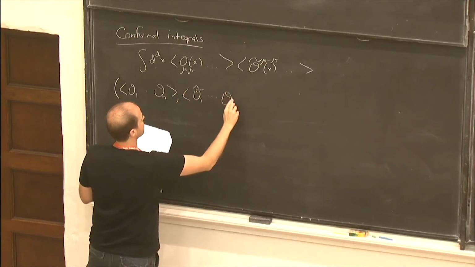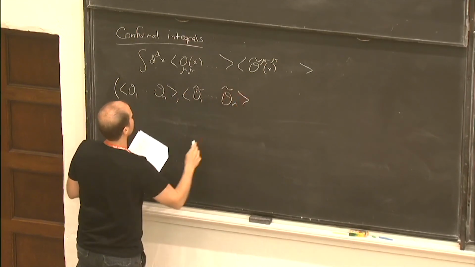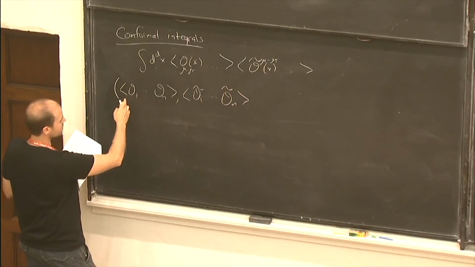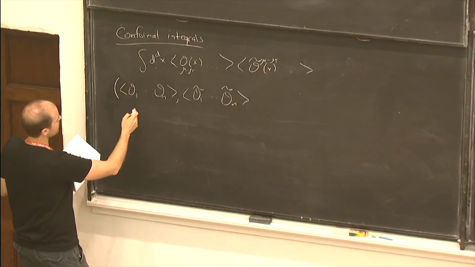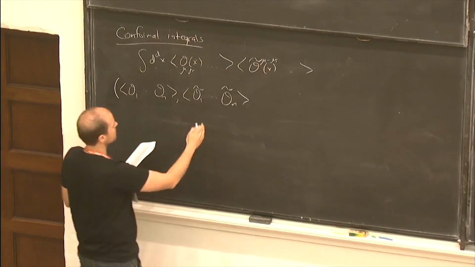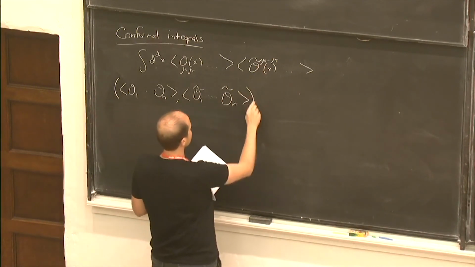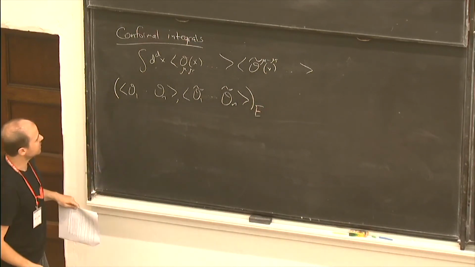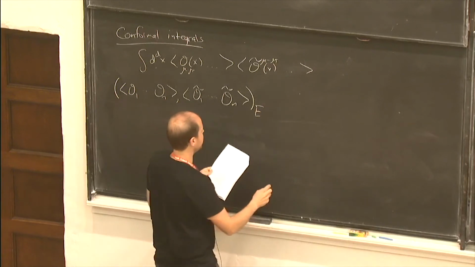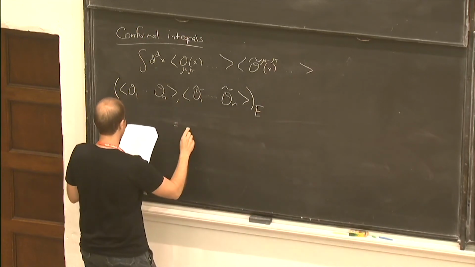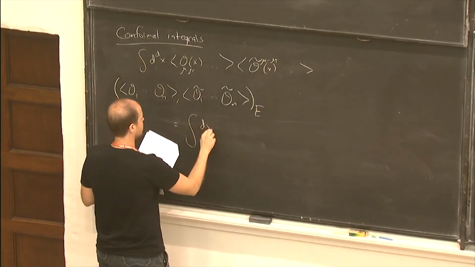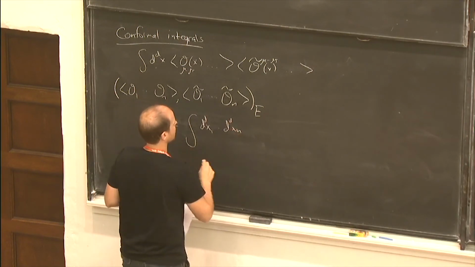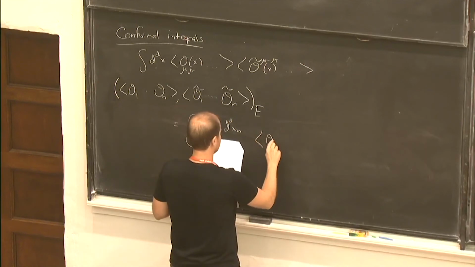So if we have an endpoint correlation structure, not necessarily a physical correlation function, just some function that transforms in the way indicated by these representations, and then we have another one with the shadow representations, then we can pair them. The subscript E is for Euclidean, so this is a Euclidean pairing. And the rule for the pairing is that you integrate over all positions of just the product of these things.